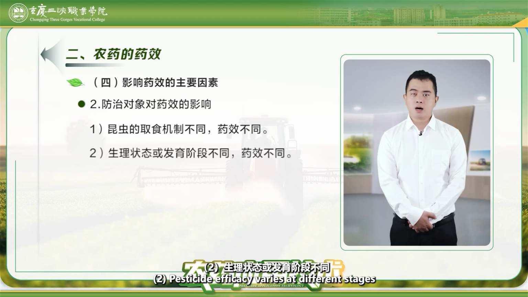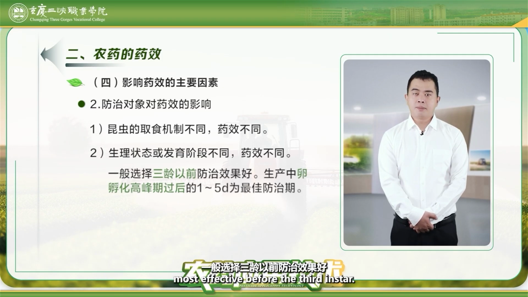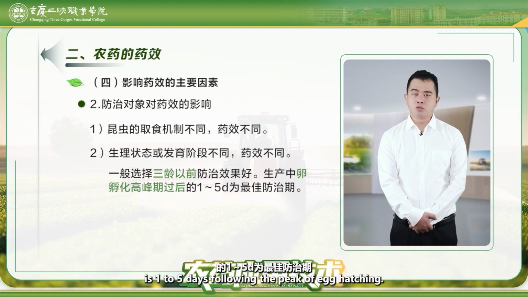2. Pesticide efficacy varies at different stages of the pest's life cycle, with control most effective before the third instar. In production, the best time for control is 1 to 5 days following the peak of egg hatching.